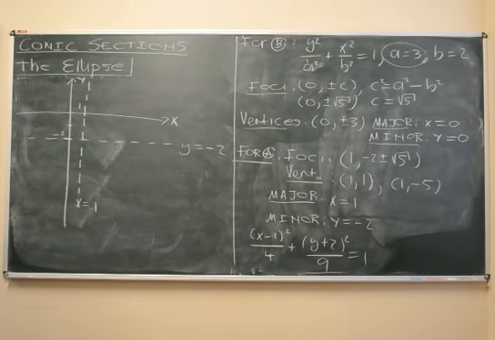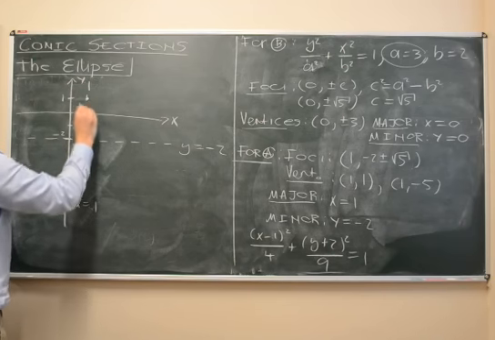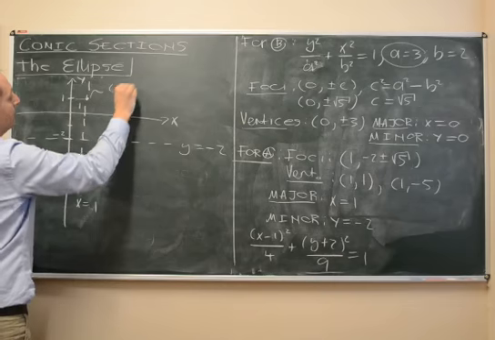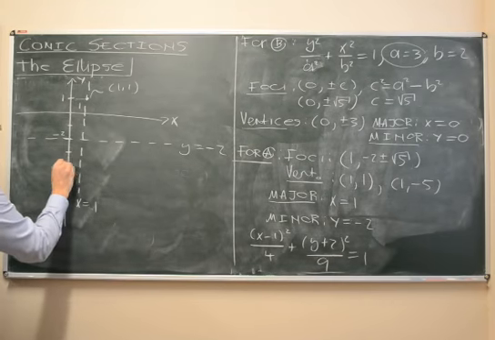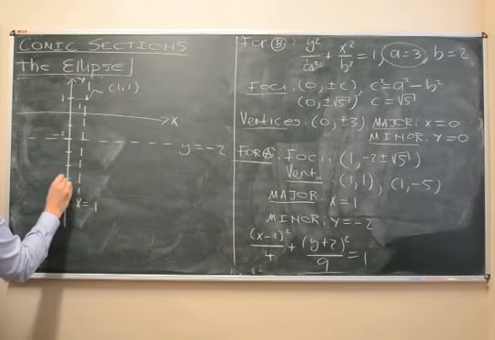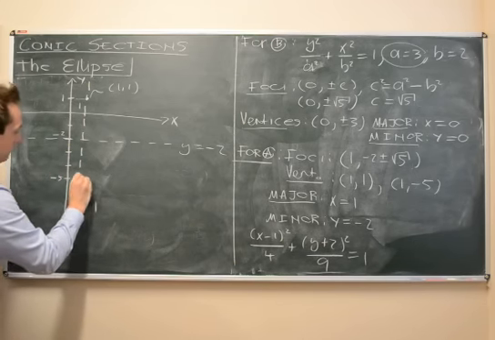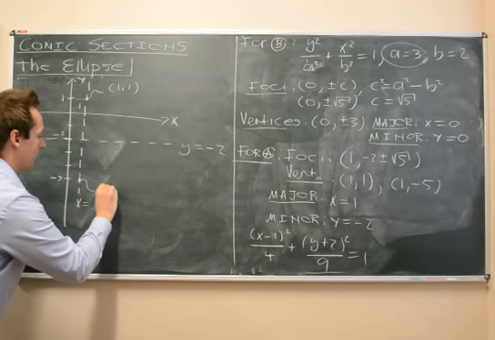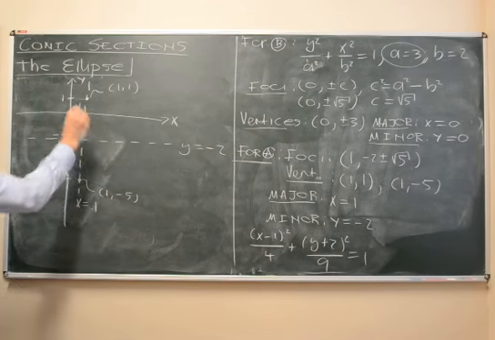Now the vertices are at 1, 1. So there we have 1, 1, and at 1, minus 5. 3, 4, 5. So there's our other vertex. We can put in the foci as well.